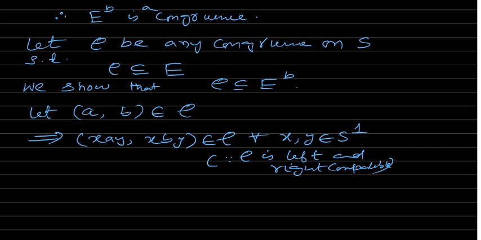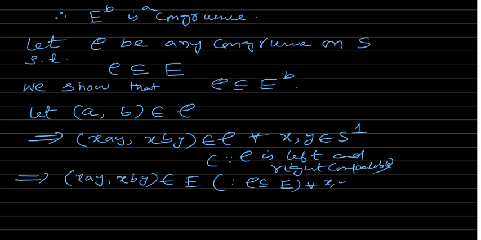But then this one is in rho and rho is a subset of E, so it means (xay, xby) belongs to E, for all x, y in S1. And again by definition of E flat, this gives the pair (a, b) belongs to E flat.